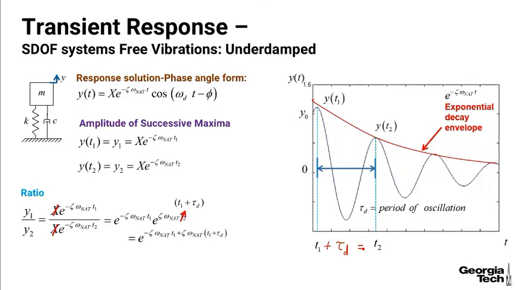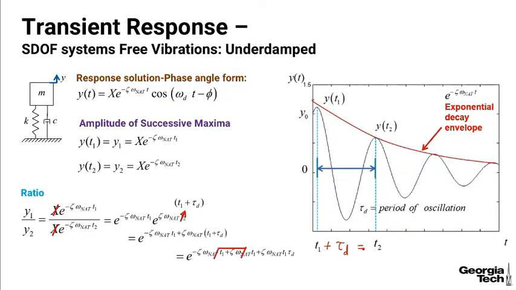And then when I multiply these exponentials, I'm adding the exponents, so I have e to the minus zeta omega natural t1 plus the zeta omega natural t1 plus tau d. And if I multiply that all out, I come up with the following.